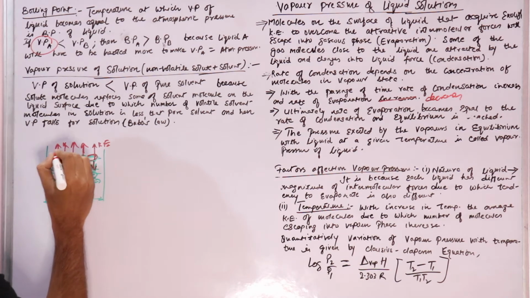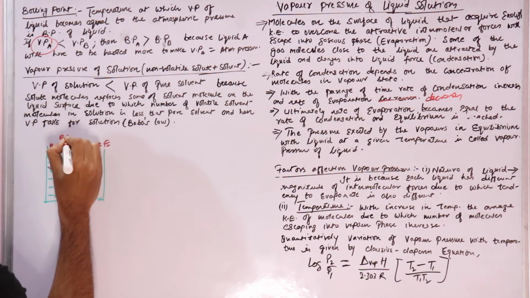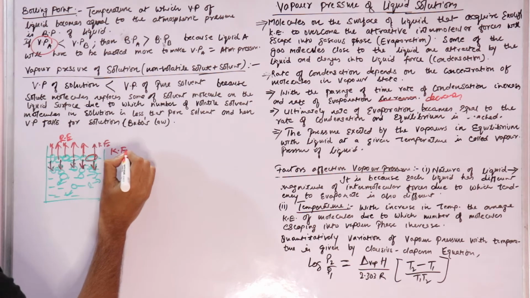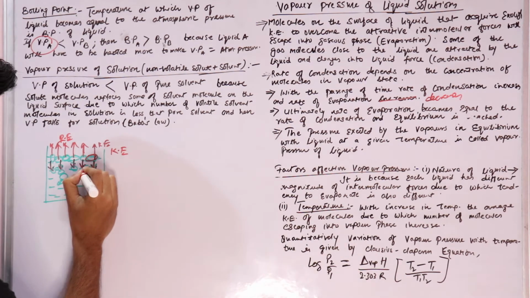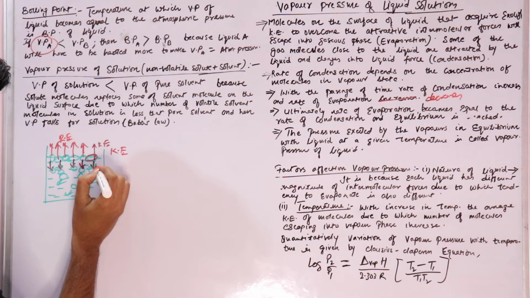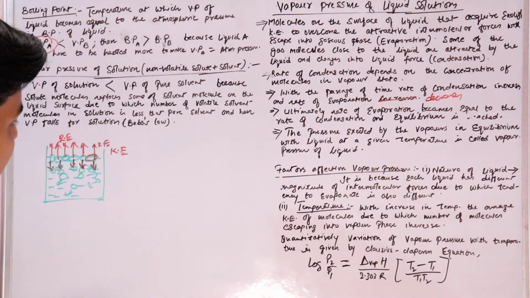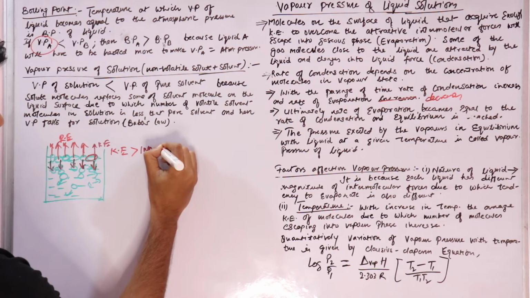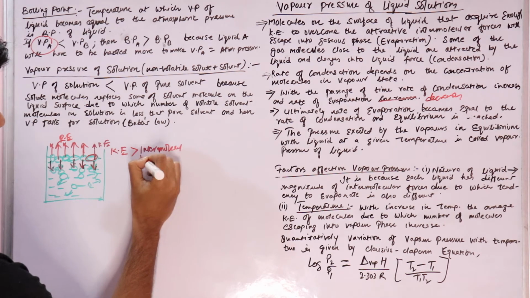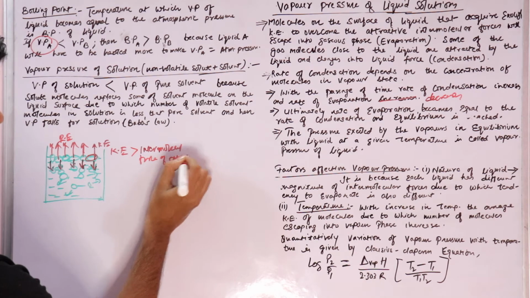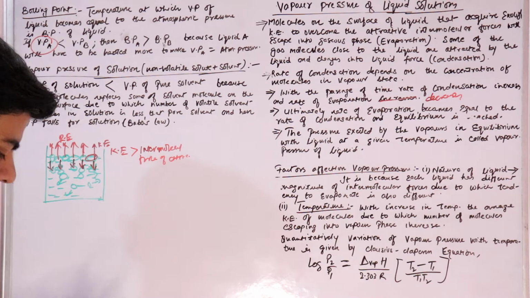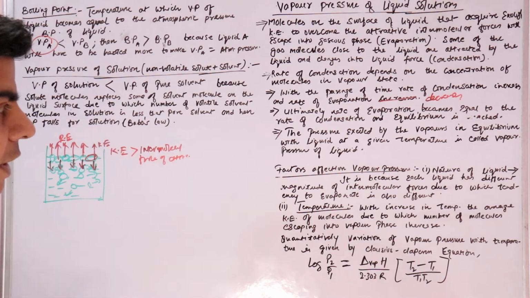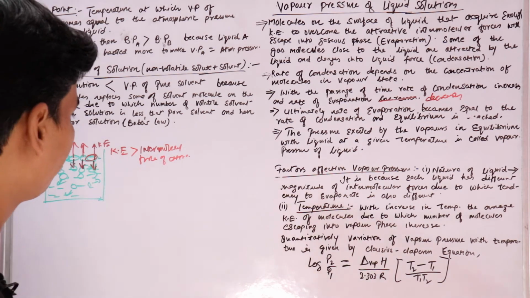So the molecules that possess high enough kinetic energy to overcome the intermolecular force of attraction between the liquid molecules will move into gaseous form and form vapors above the liquid surface. And this process is known as evaporation.